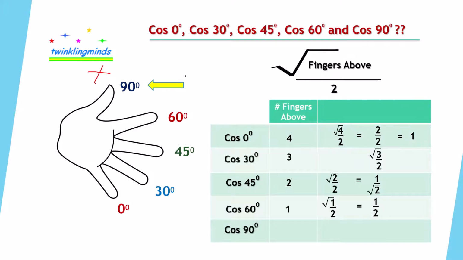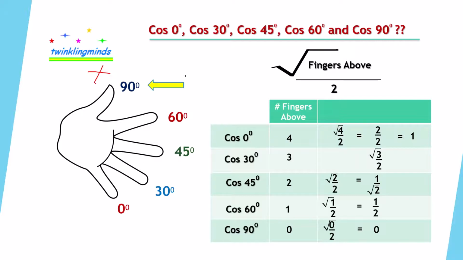So cos 90 degrees is nothing but square root 0 divided by 2 and 0. Just notice the value of cos 45 degrees is same as sine 45 degrees, and cos 0 degrees value is 1, whereas sine 90 degrees value is 1, and cos 90 degrees value is 0, and sine 0 degrees value is 0.